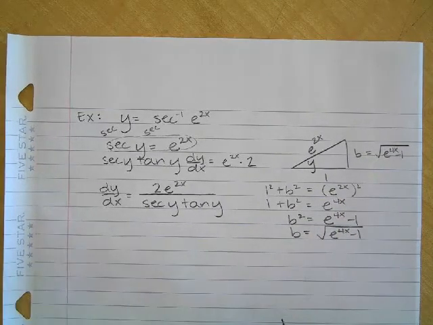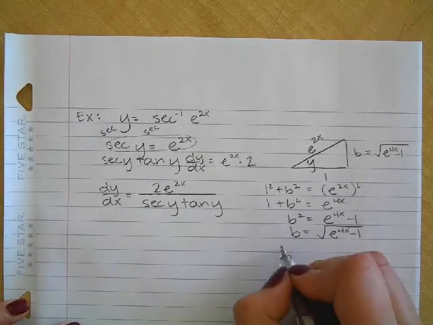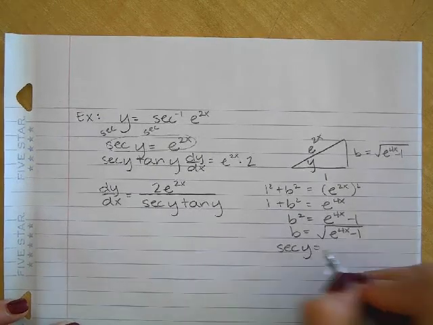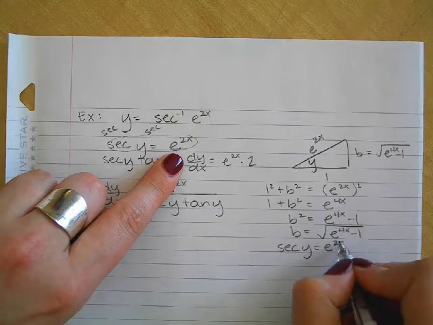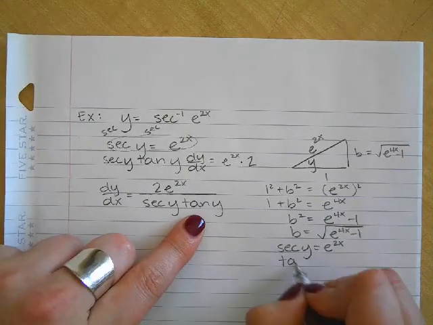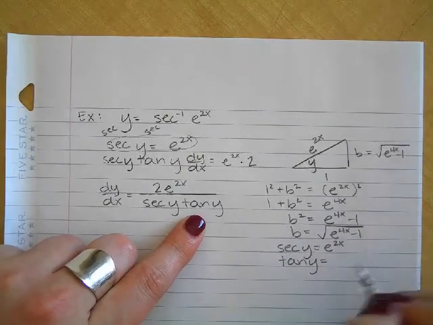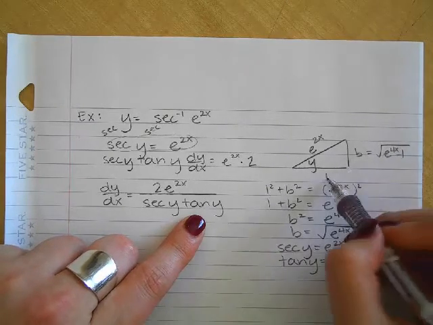Okay, so secant y, we already know, is e to the 2x. And then tan y is opposite over adjacent, so that's this side over this side.